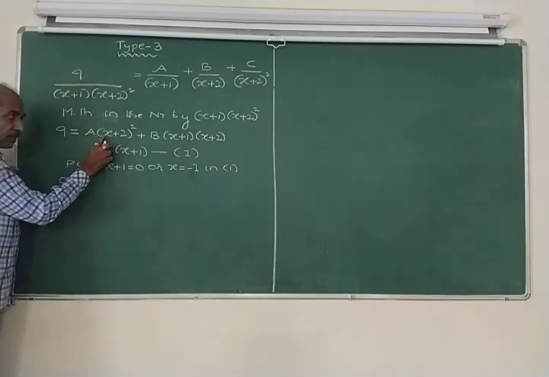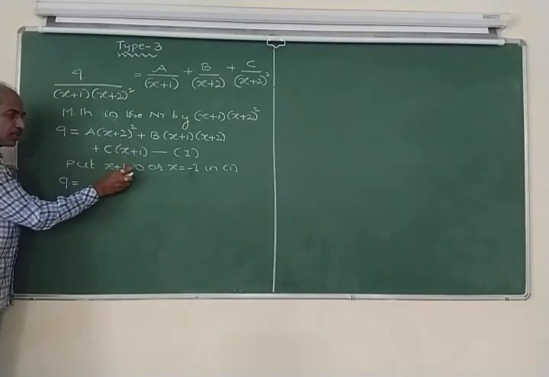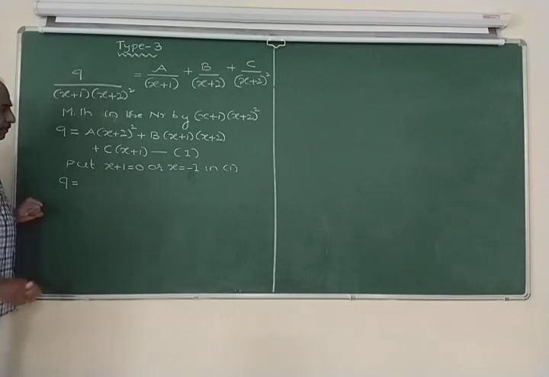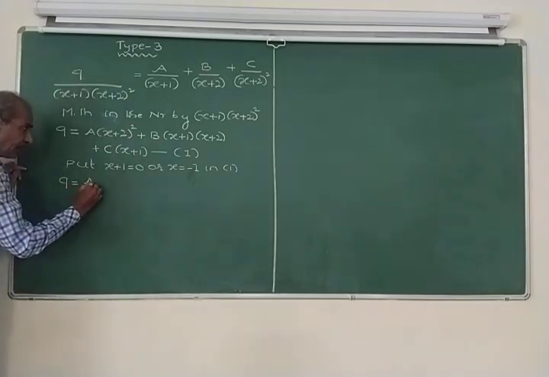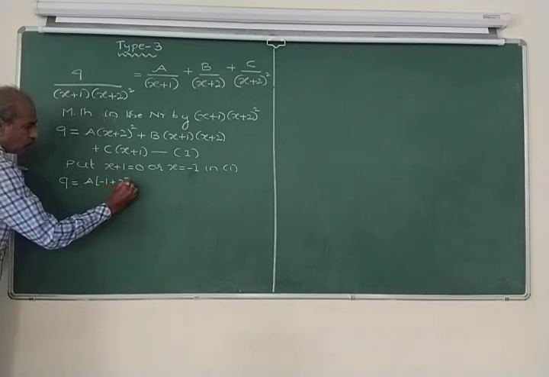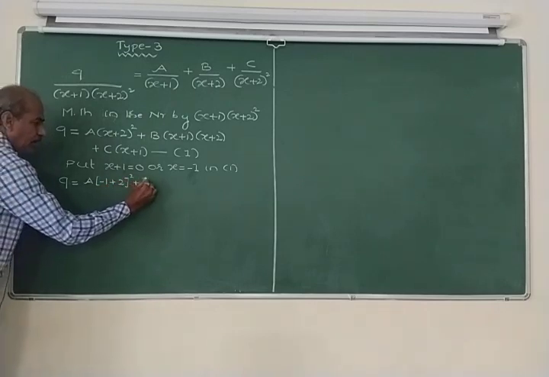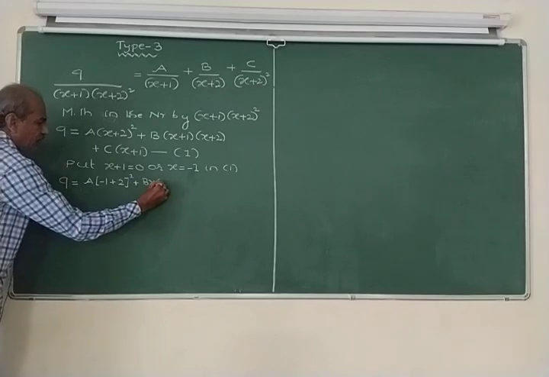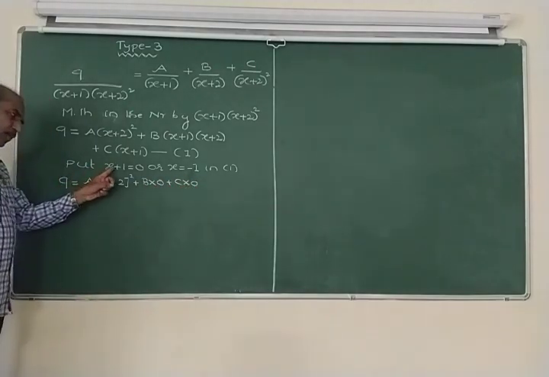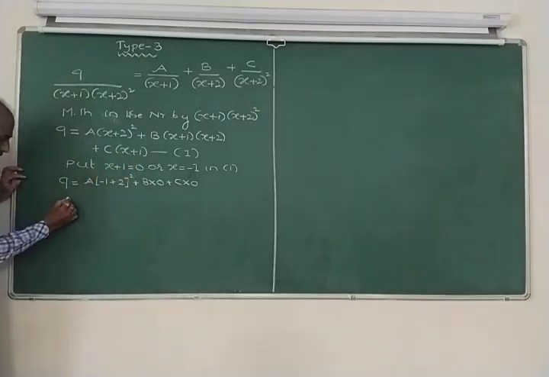Only the first term is not containing x plus 1, therefore, you have to substitute the value of x by minus 1. That is a into bracket minus 1 plus 2 the whole square. It is b times 0, it is c times 0 because x plus 1 is 0 there.